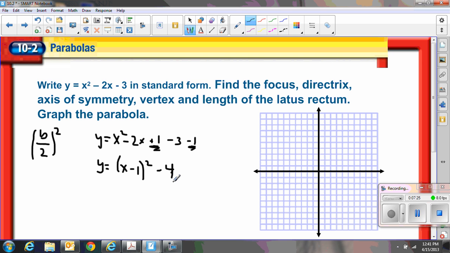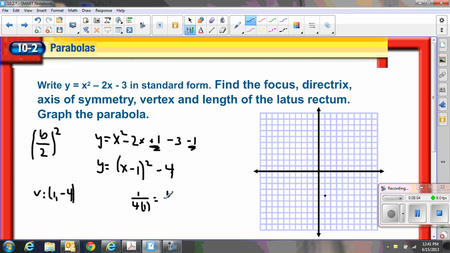Now from here, this is all the information that I need. So first off, (h, k), the vertex, is a positive 1, negative 4. So we'll graph that. The next thing would be my focus. Where does my focus live? Well, the focus is 1 over 4a above your vertex.